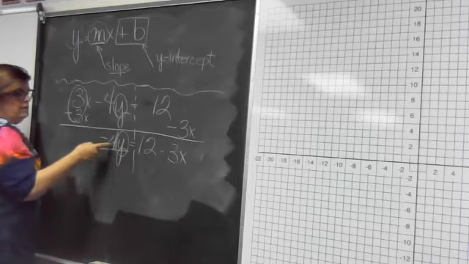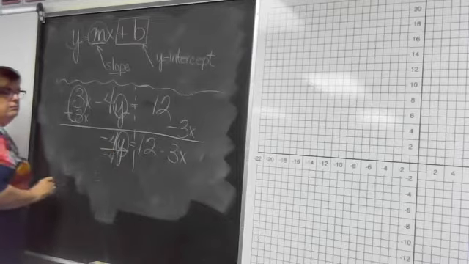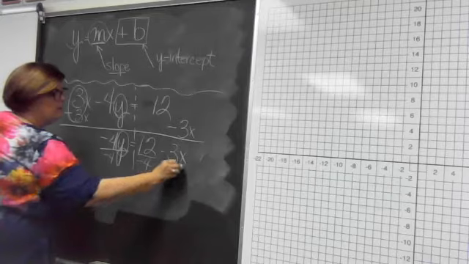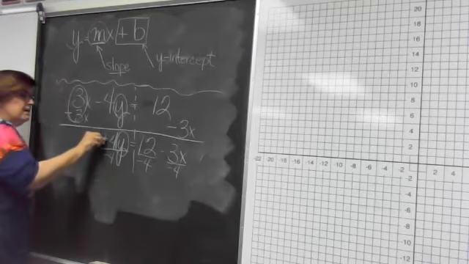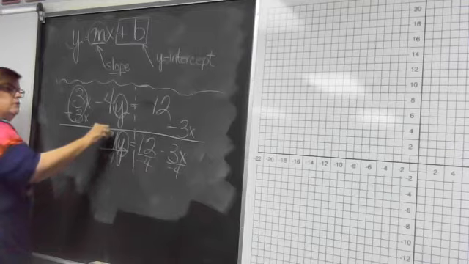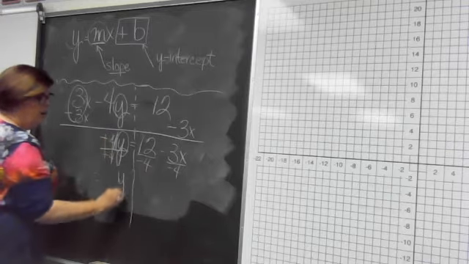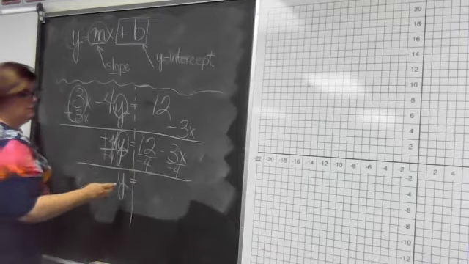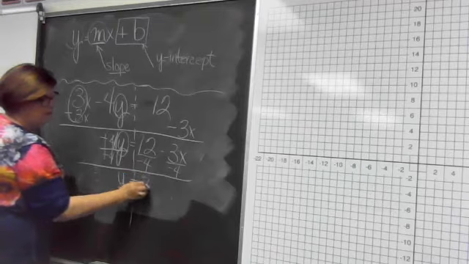The y is not by itself, and so I need to divide now. I don't want to get rid of the y, just the -4. So I'm going to divide by what I want to get rid of. And now the negatives cancel each other out. The 4 divided by 4 is 1. And so now I have y equals 12 divided by 4 is 3.